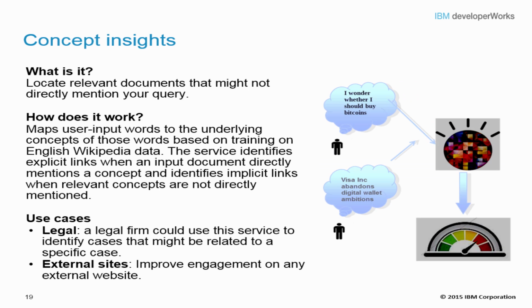Concept Insight Service maps input text to a concept graph that is based on the English language Wikipedia. The service identifies explicit links when a concept is directly mentioned, but also provides implicit links to concepts that are not directly mentioned.